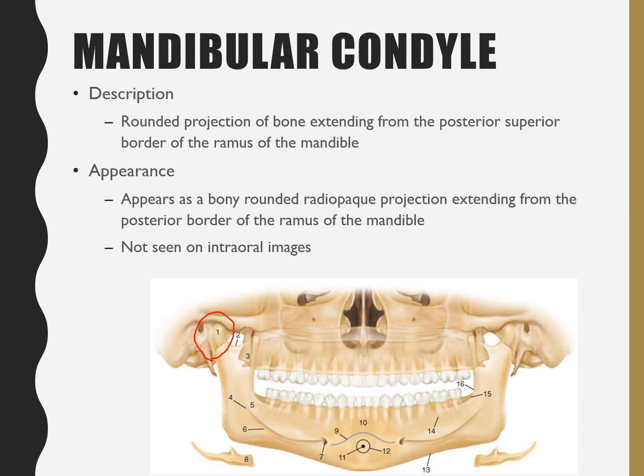Anyway, it appears as a bony, rounded, radiopaque projection extending from the posterior border of the ramus of the mandible. We do not see this one on intraoral images. You would be very unkind to your patients if you were putting your intraoral images or sensors so far back that you were able to capture this, so don't do that. And it rests inside the glenoid fossa of the temporal bone.